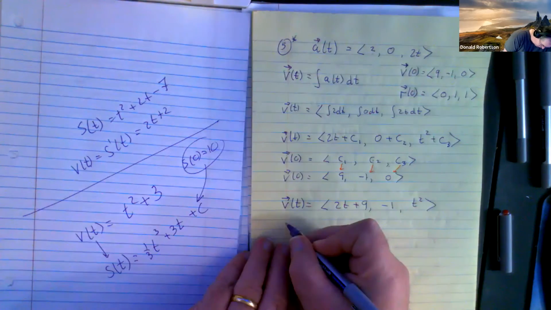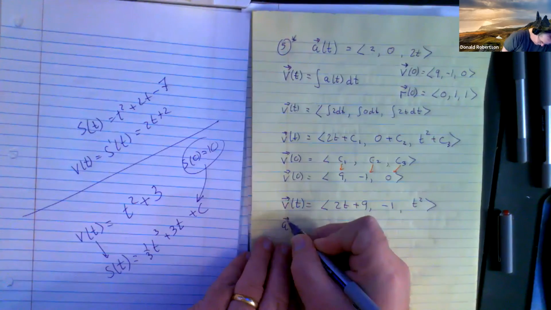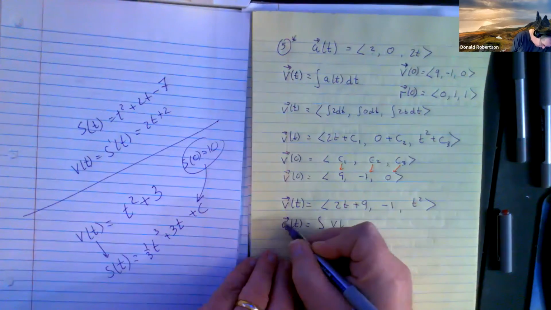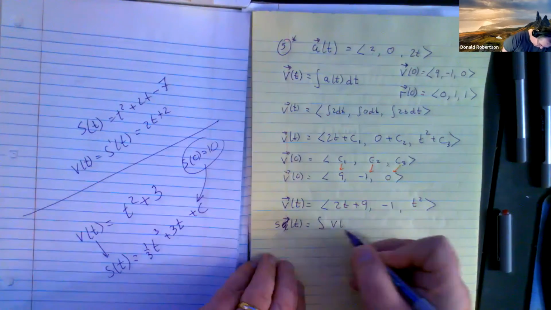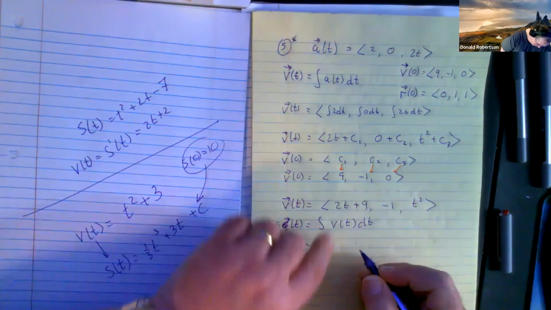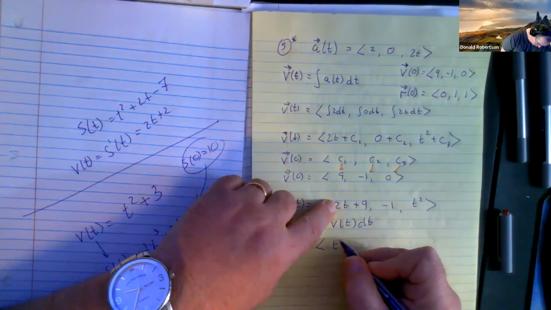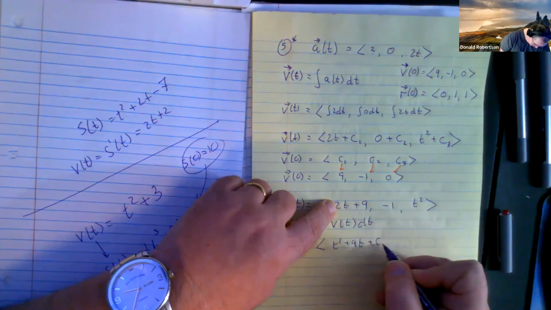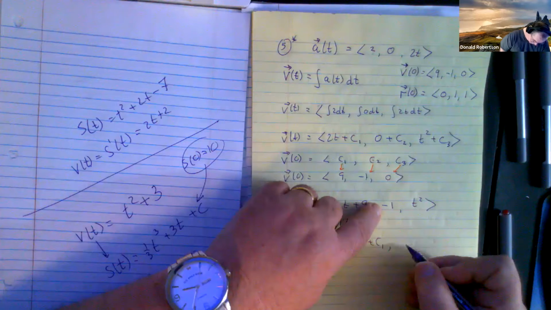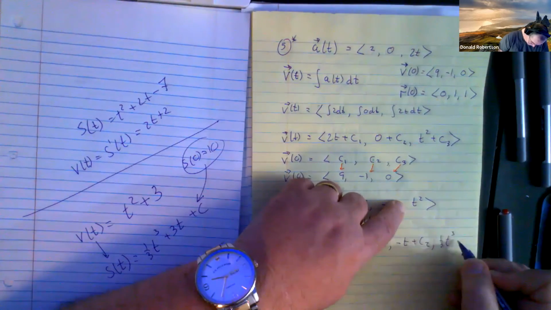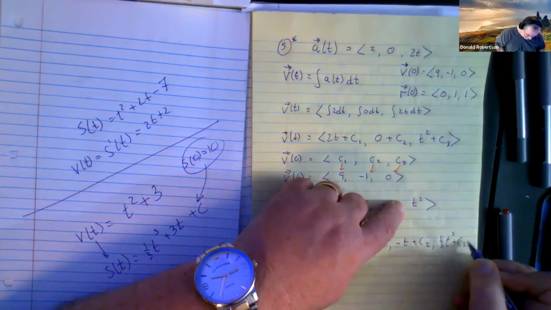Now find the position. Well, I just need to integrate the velocity. Oh, wrong direction. I need to find the position function. So I integrate the velocity function. t squared plus 9t plus an unknown constant, -t plus an unknown constant, and 1/3 t cubed plus an unknown constant.